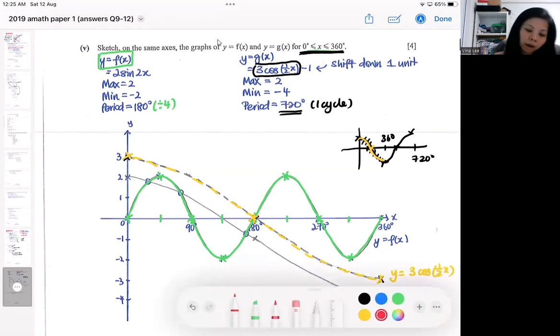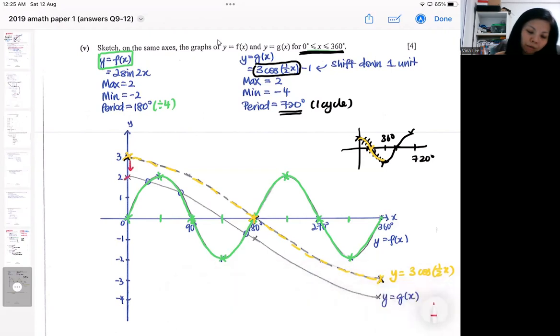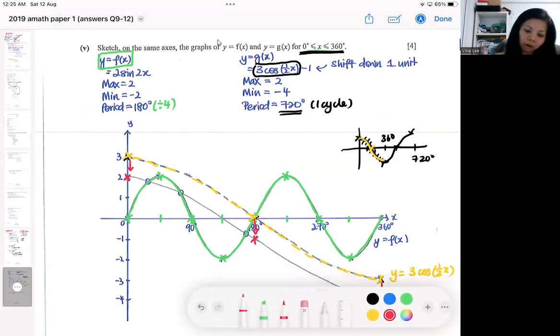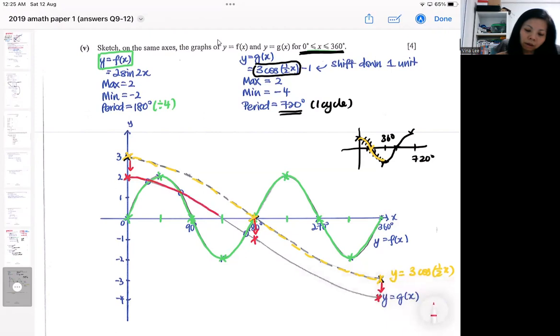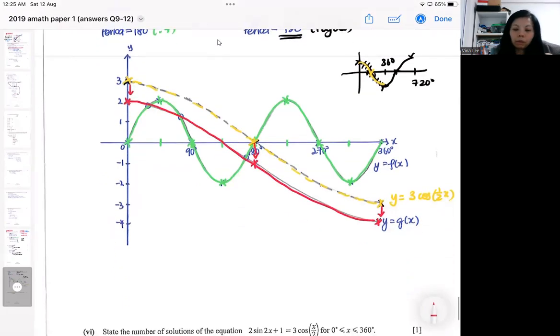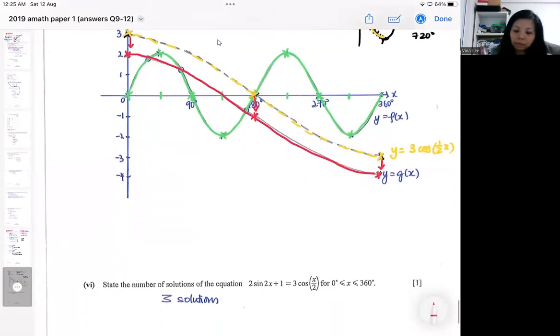Then eventually every point shifts down. So this is also being shifted down, and this is also being shifted down. That's where I get the final graph that's been shifted down. So that will be my g(x).